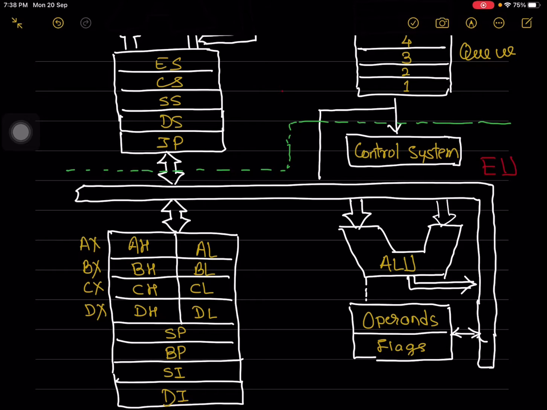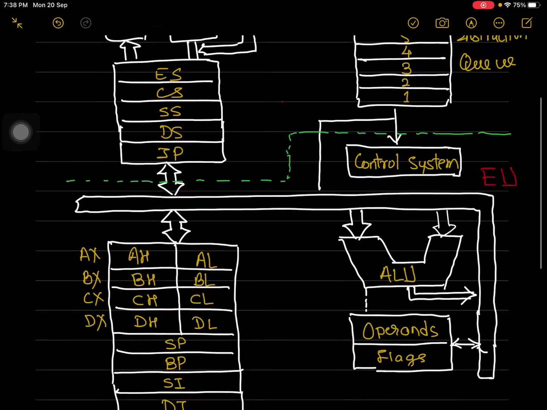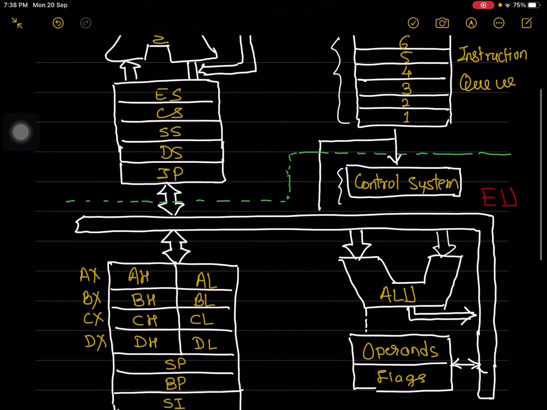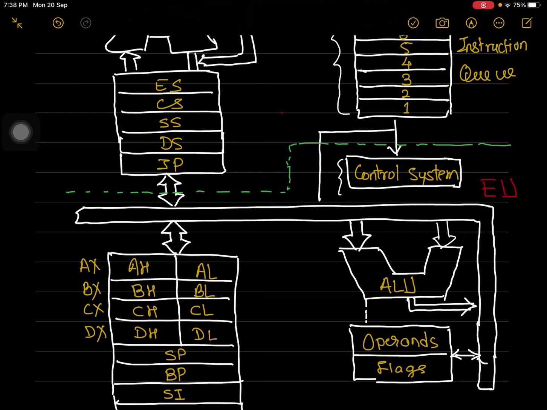For that purpose, the instructions are brought from the code segment of memory into the instruction queue, and then from the instruction queue they are given to the execution unit, where the control system has the instruction register and instruction decoder, in which the instruction is decoded and correspondingly executed.